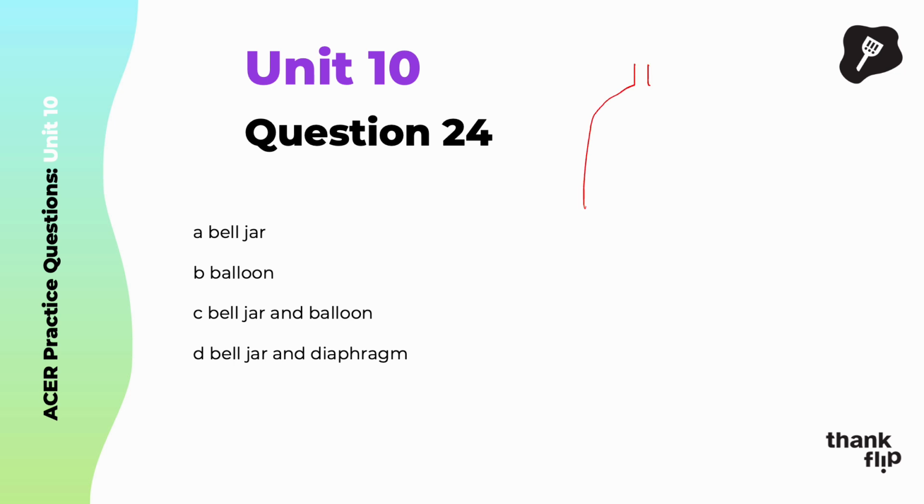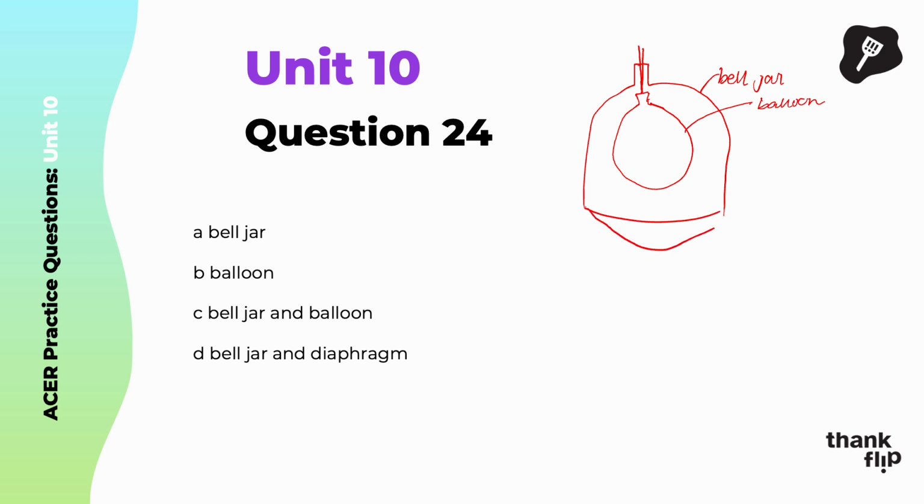So this is the bell jar. We have a stopper here and a straw that's going through. We have a balloon here. And right now the balloon is inflated.